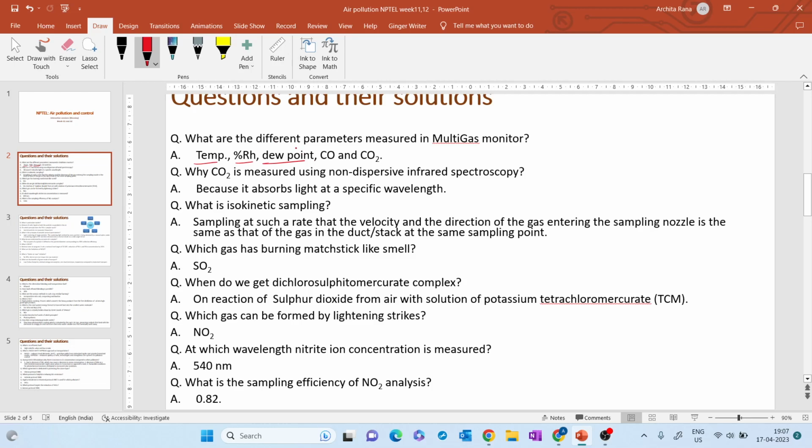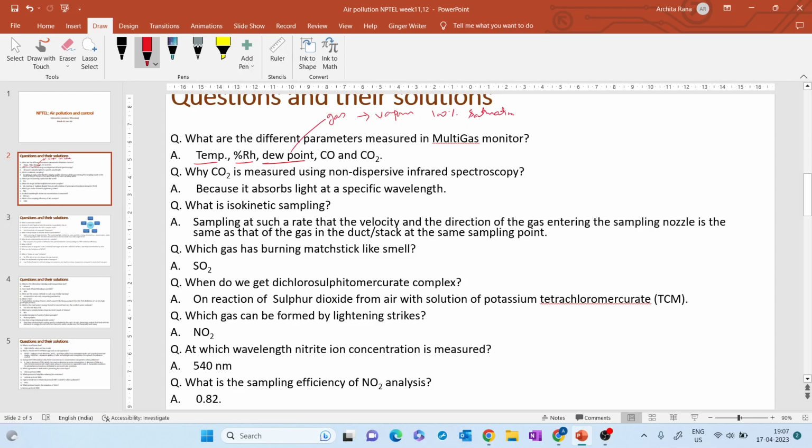Now dew point is, for example, if water has to condense, it needs 100% saturation, right?